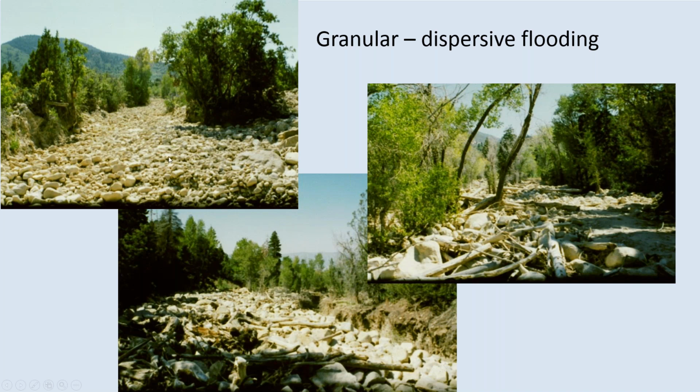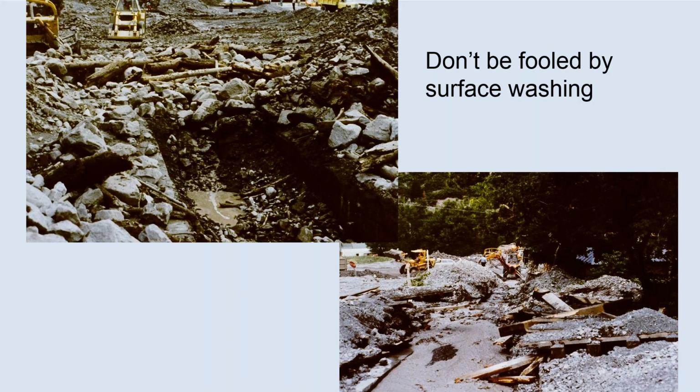This type of flow is very rare, and although you could probably model it somewhat with Flow 2D, I'm mostly simulating fluidized events with this, but I wanted to show you what a granular flow is. These are, again, fairly infrequent. They're hard to find.